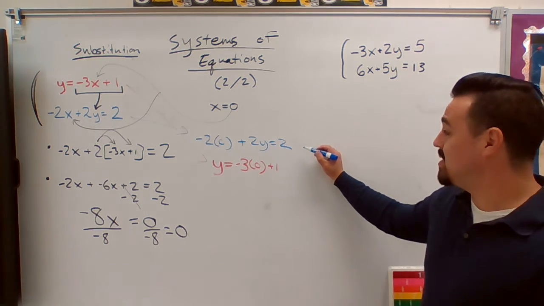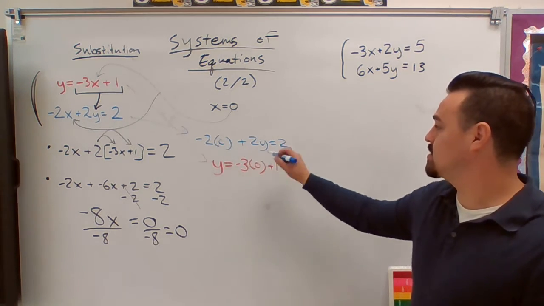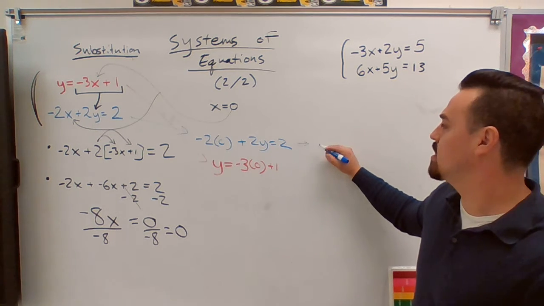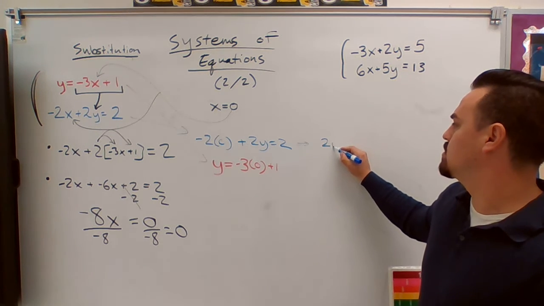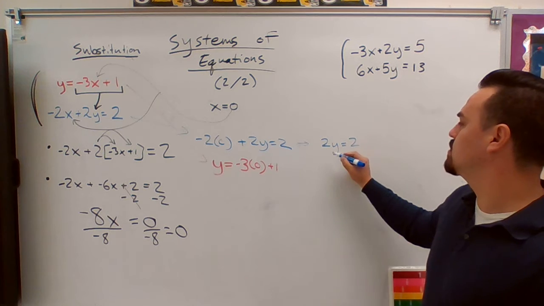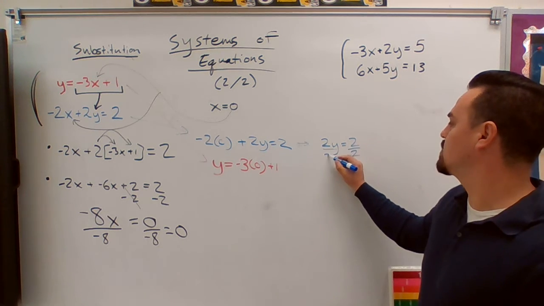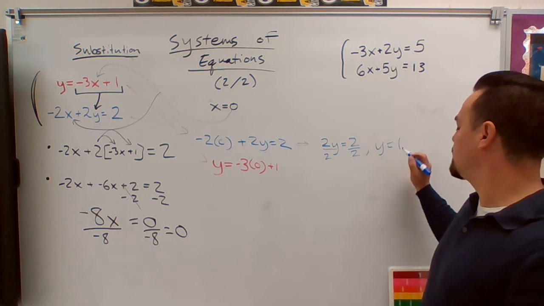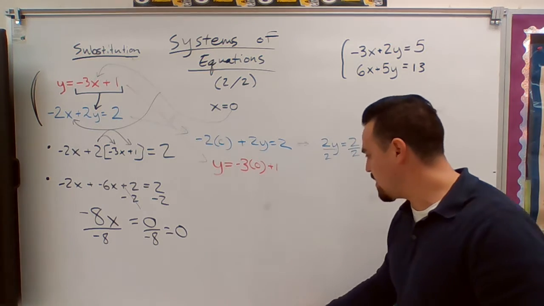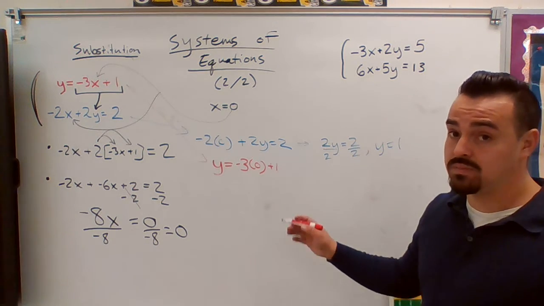All right, what is 0 times negative 2? It's just 0, so that's going to become 2y equals 2. Divide both sides by 2. y equals 1. All right, this one should equal 1 too because they have to be the same thing.